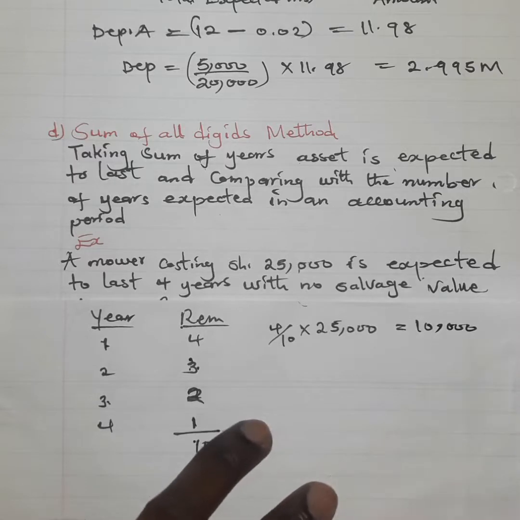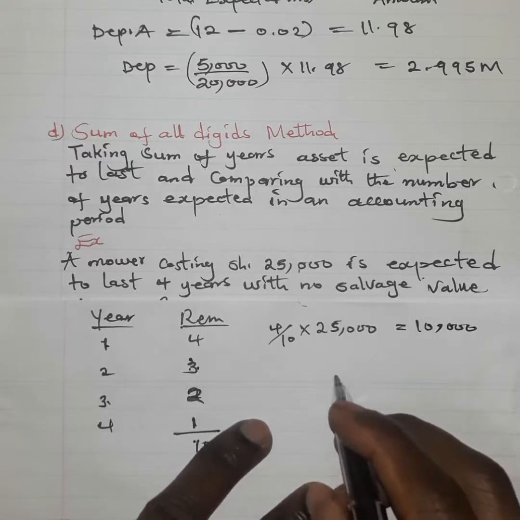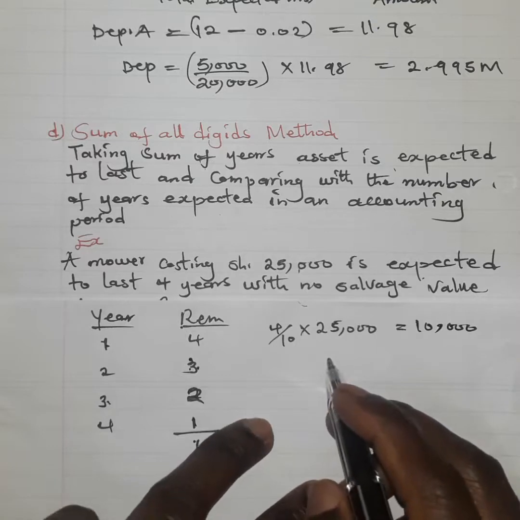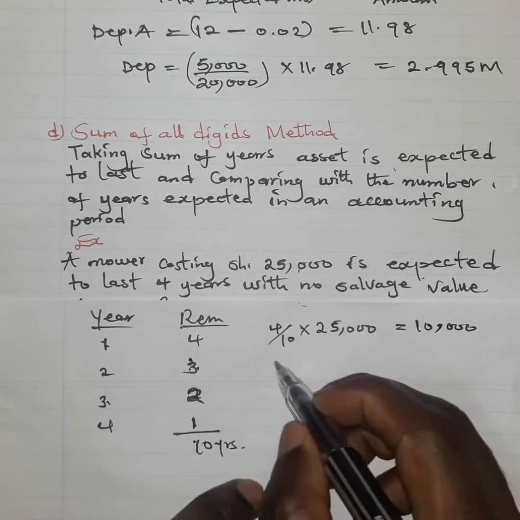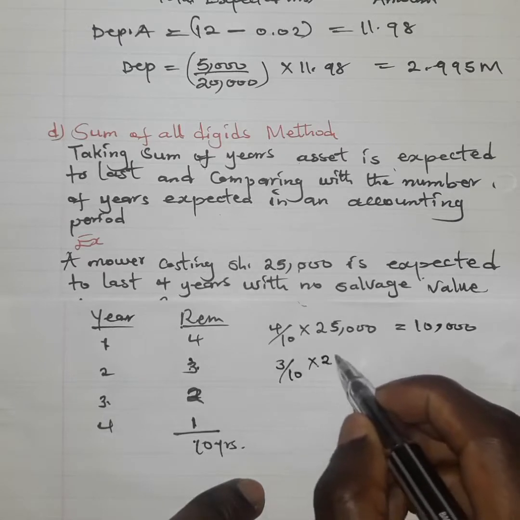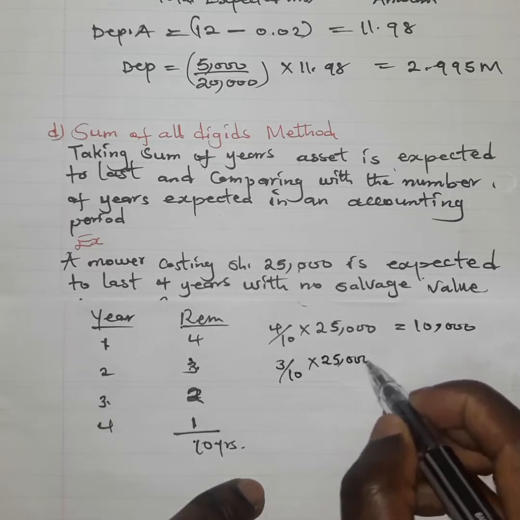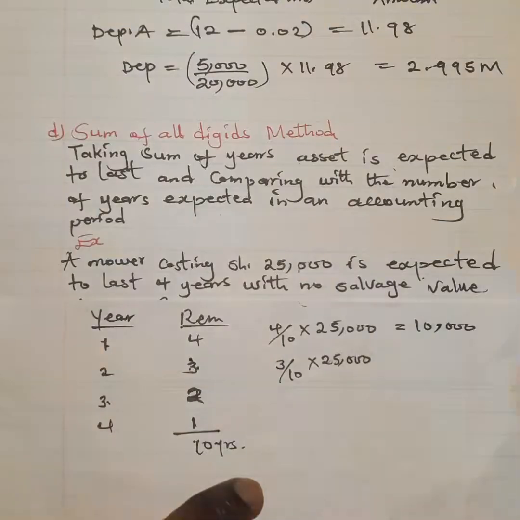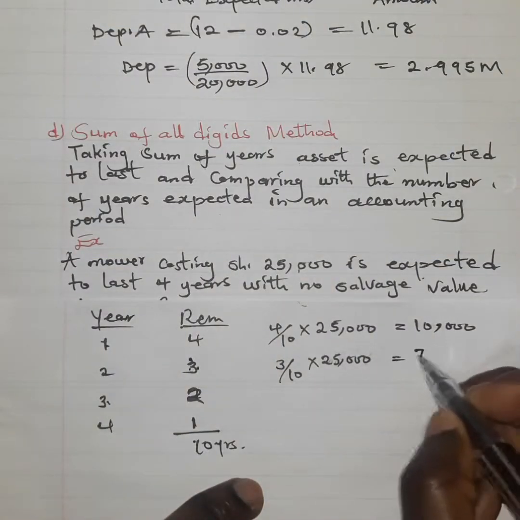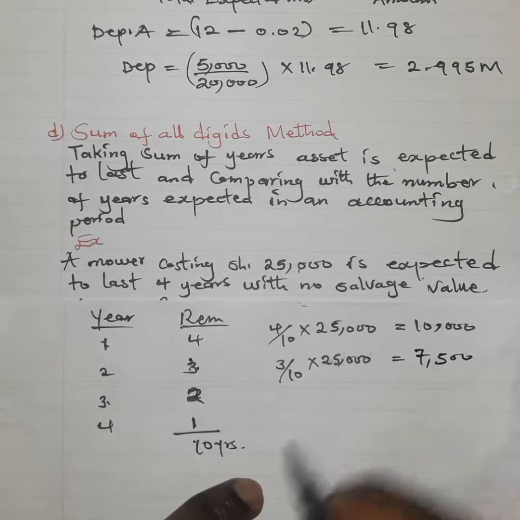Then we go to year 2, which is 3 over 10 times 25,000, which gives us 7,500.